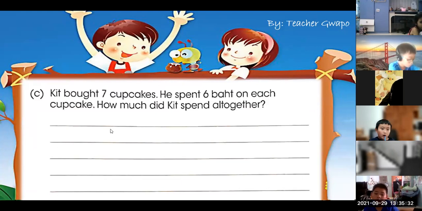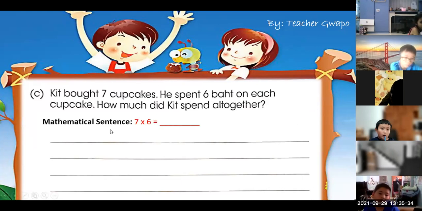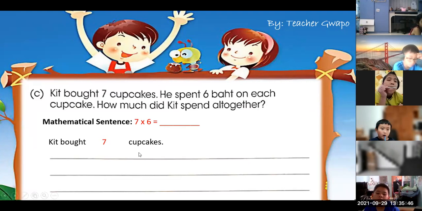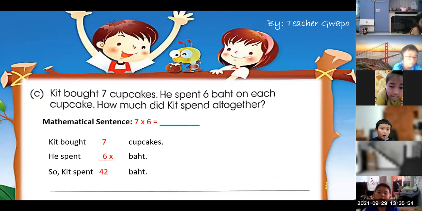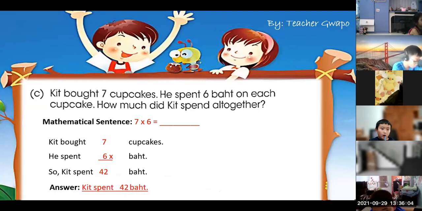So we write here 7 times 6, mathematical sentence. 7 times 6 is equal to 42. So answer, Kit spent 42 baht.